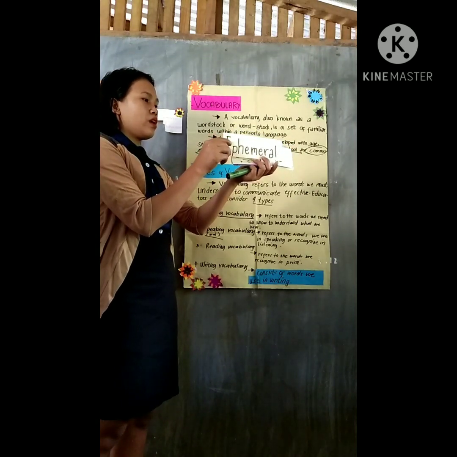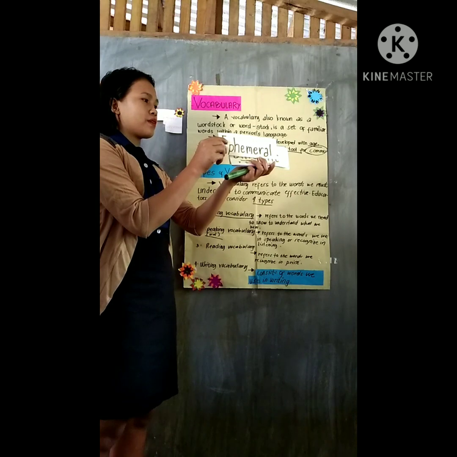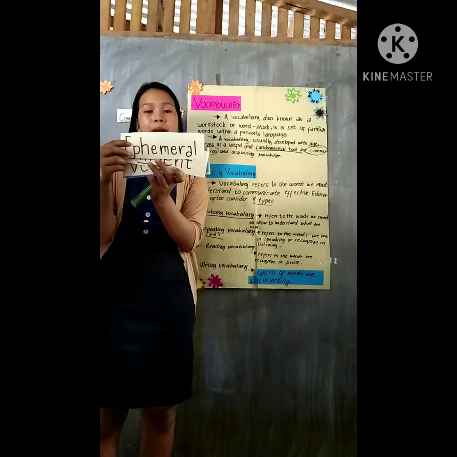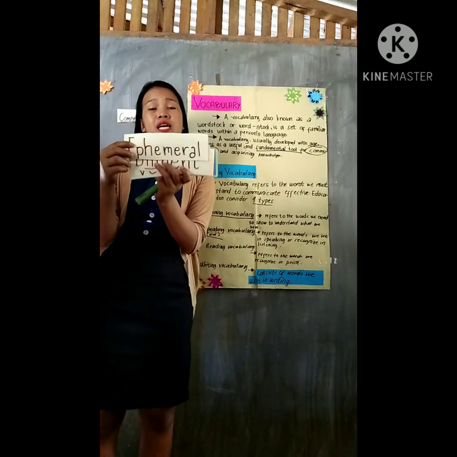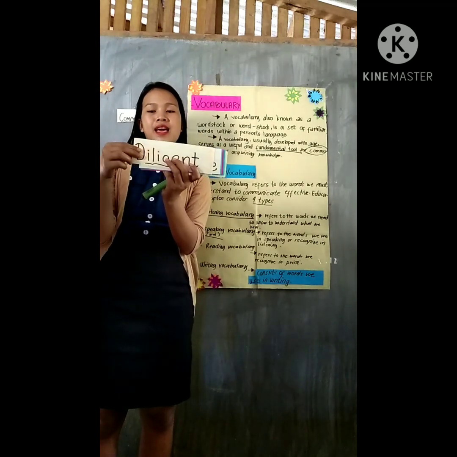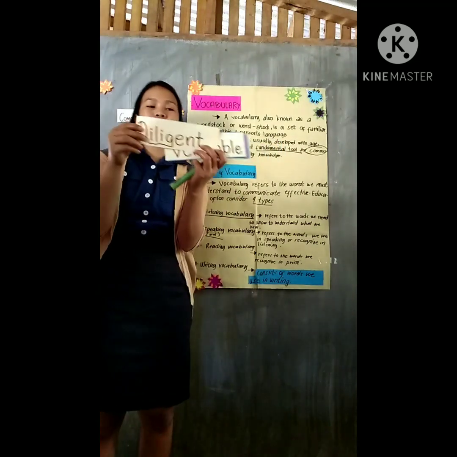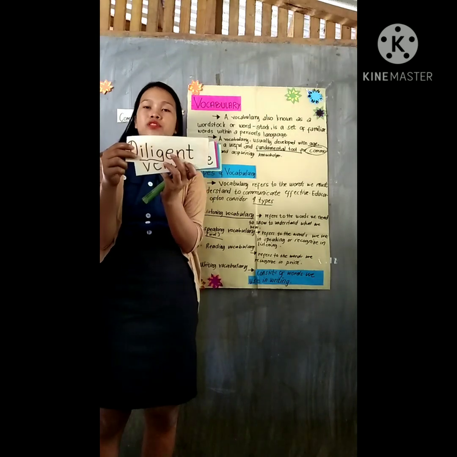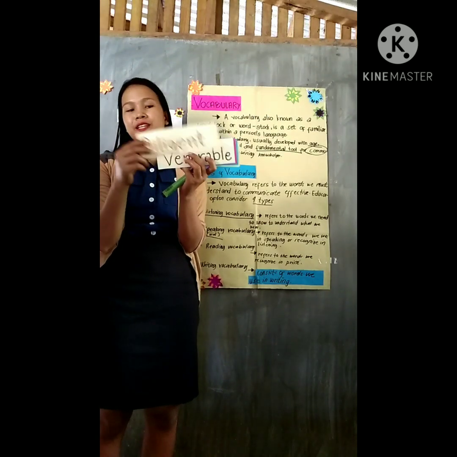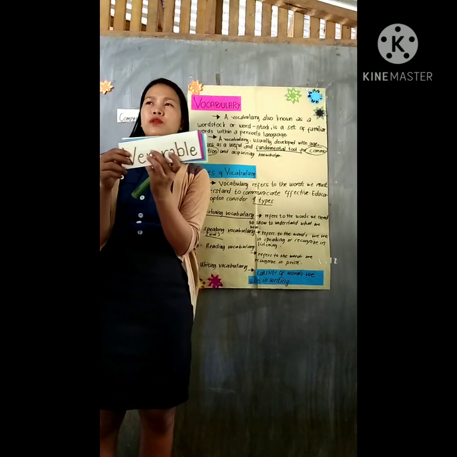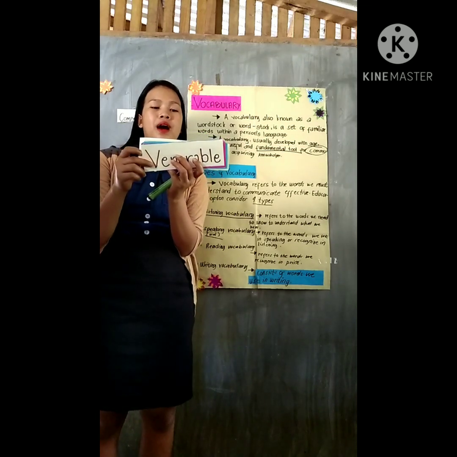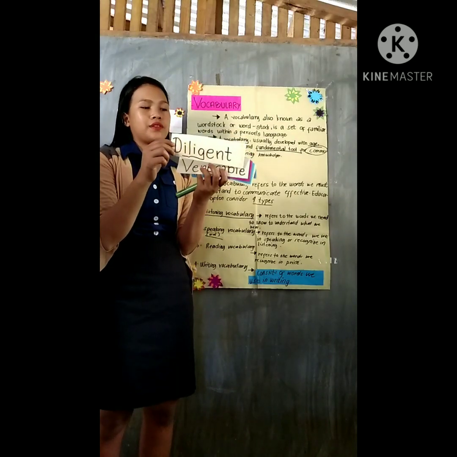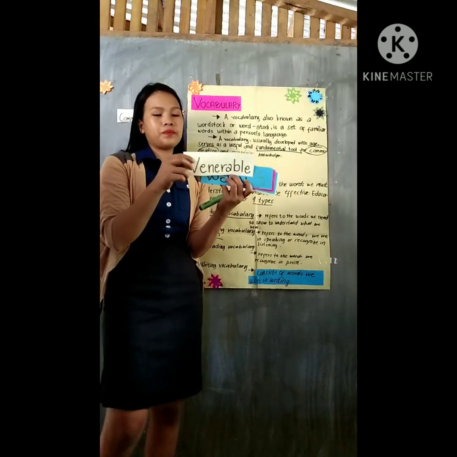Lasting one day only, or an ephemeral fever lasting a very short time. Next is assiduous. It is characterized by constant and energetic effort or diligent work. For example, a student who has been assiduous in pursuit of a degree in mathematics.